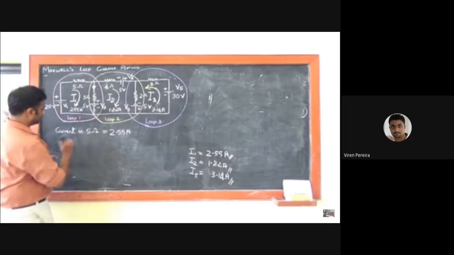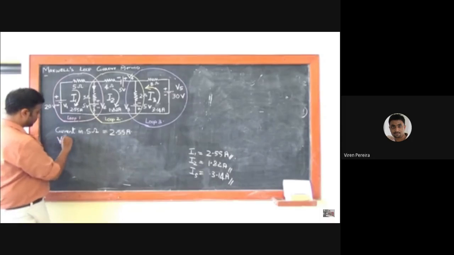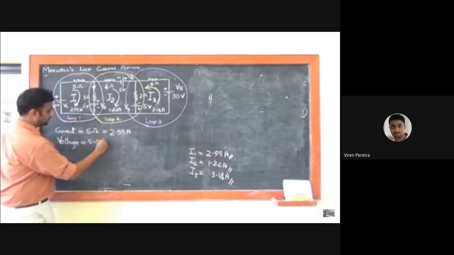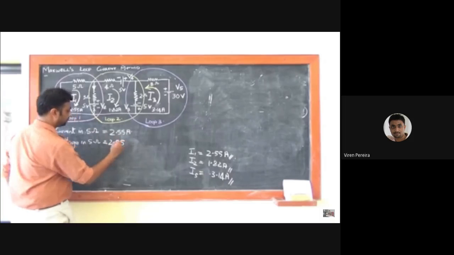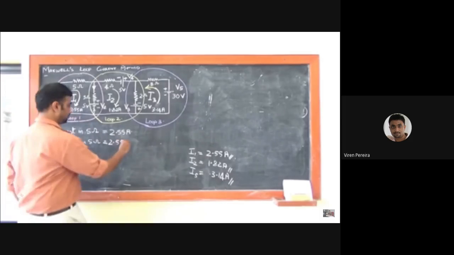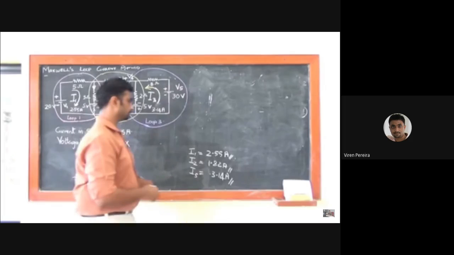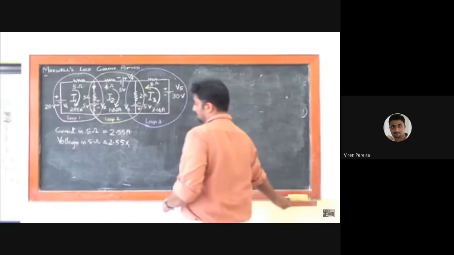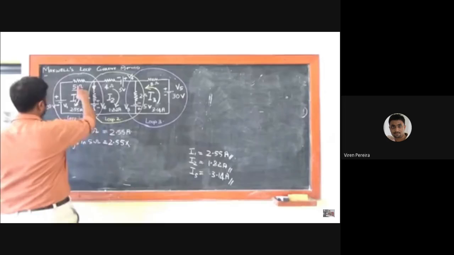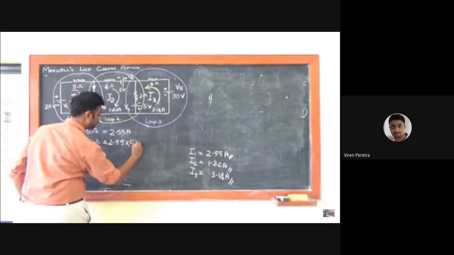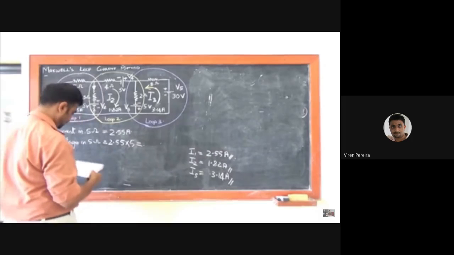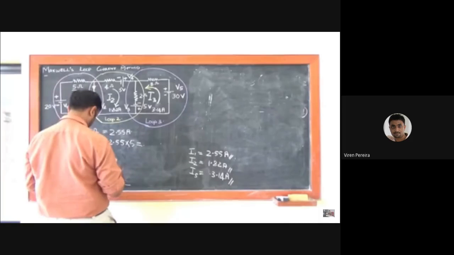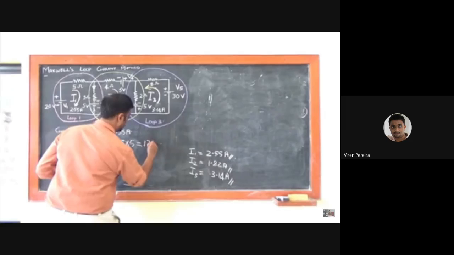So the voltage in the 5 ohms resistor will be 2.55 into 5. That is 2.55 amps into 5 ohms, which is equal to 12.8.